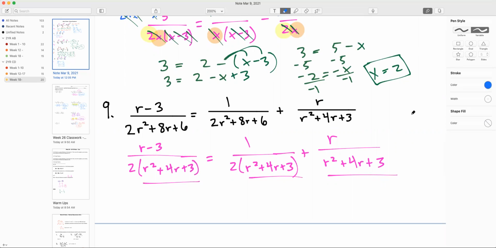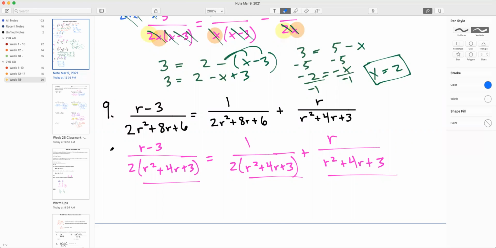Okay? And you actually can factor this. It factors into r plus 1 times r plus 3. But it's really not going to be advantageous to us here.